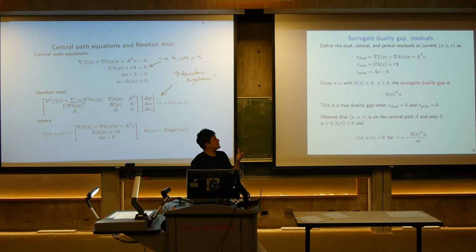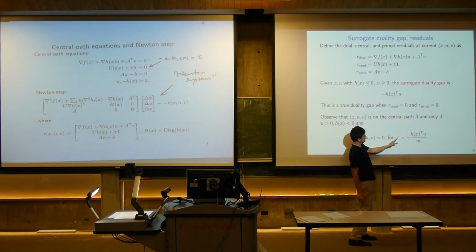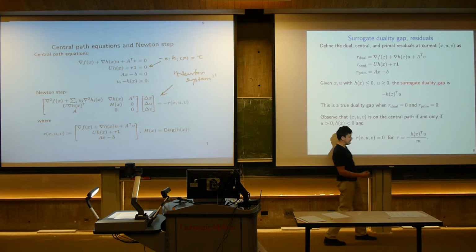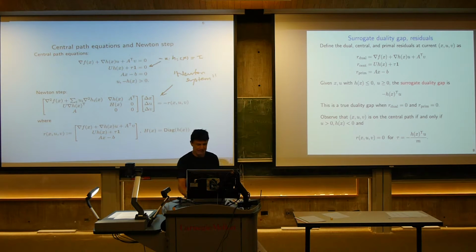So the surrogate duality gap, on the one hand, is like a fake duality gap, but it also gives me an idea of how close I am to the central path: this value of tau would be the one point on the central path that I should be comparing myself to. So that's duality gap and residuals.